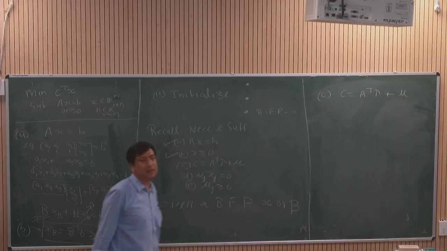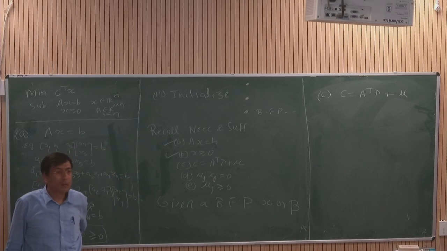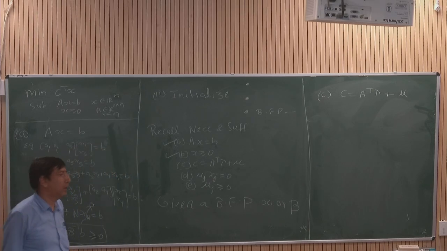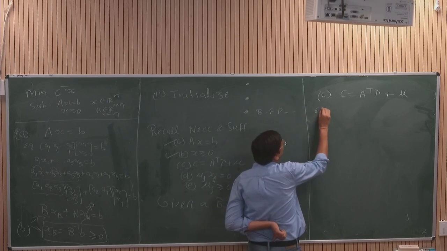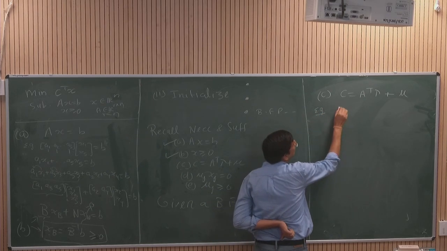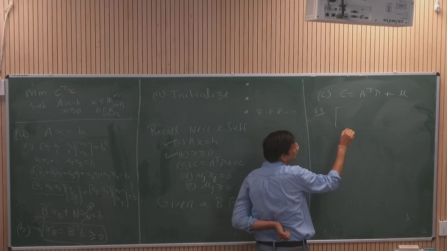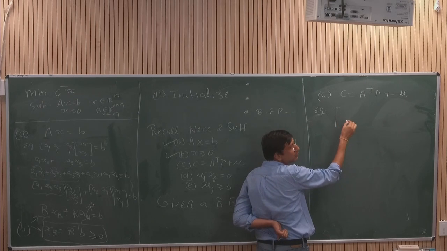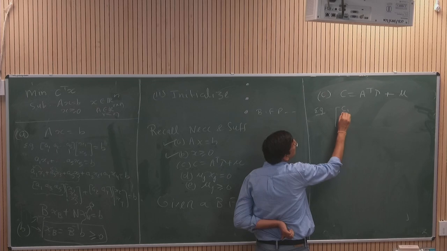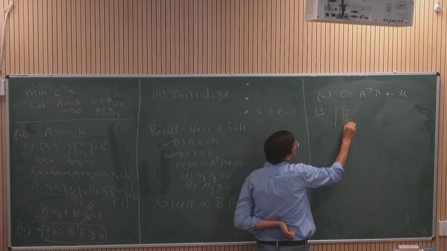Any doubt, guys? No doubt? Okay. So again, with the example I had taken, Nisha, tell me what should I write with the example. This will be c1, c2, c3, c4, c5.